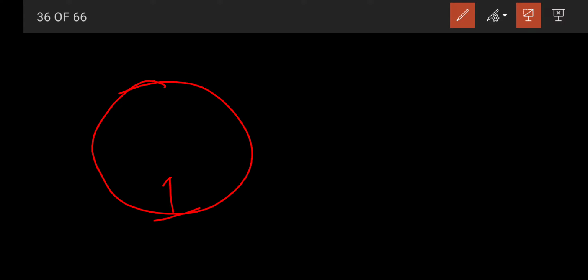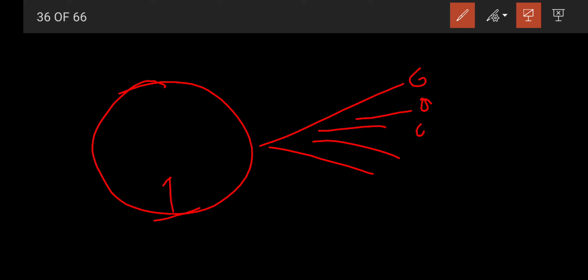Suppose this is the bubble, the bigger bubble. Let's say bubble 1, or system 1. It breaks into 8 smaller bubbles. Let's say the bigger bubble has radius r.